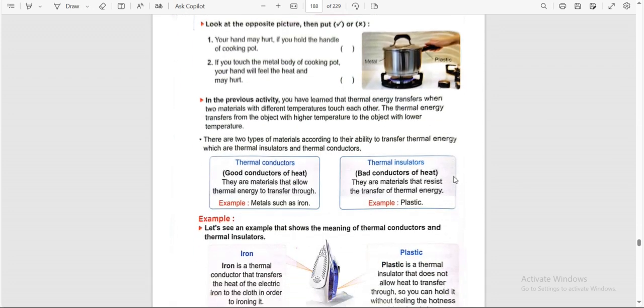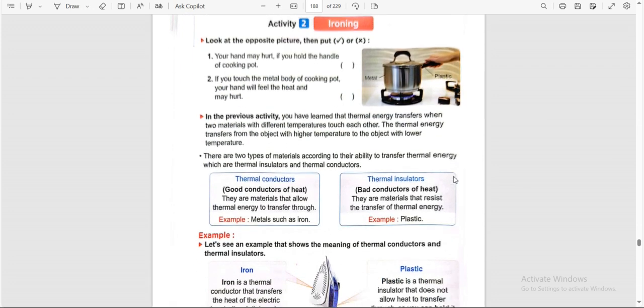Same thing happens when we heat a pot. When you heat a pot, heat transfers from the fire to the pot. So, let's try and answer these questions.